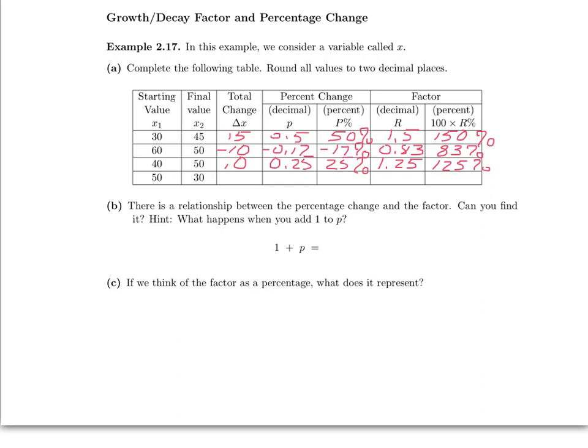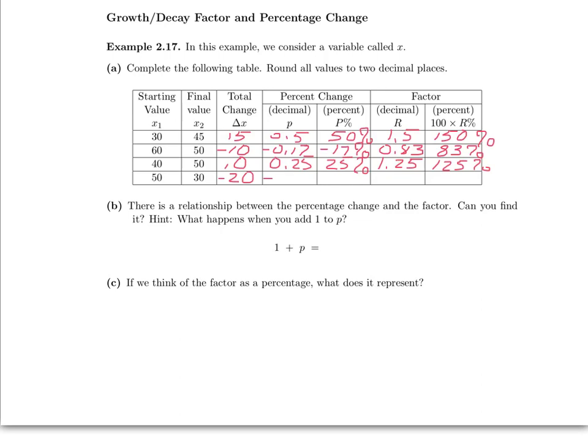Now let's look at the final row. Here the variable is decreasing from 50 down to 30. This is a change of -20. The percentage change written as a decimal is found by taking the negative 20 and dividing by the starting value of 50.